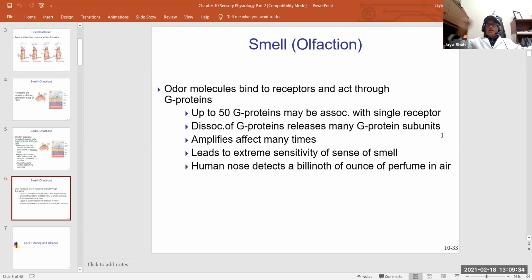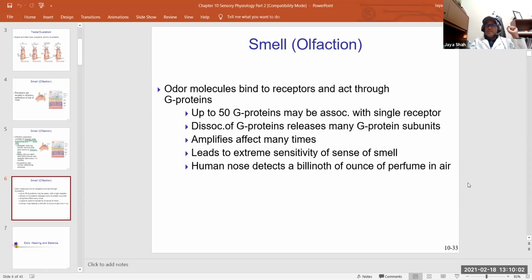It's like fire: you light a fire and then it ignites and becomes bigger. That amplifies the effect many times. That's why it leads to extreme sensitivity of smell. That means you can smell a very small amount of odorant molecule. The human nose can detect, that's why, a billionth of an ounce of perfume in air.